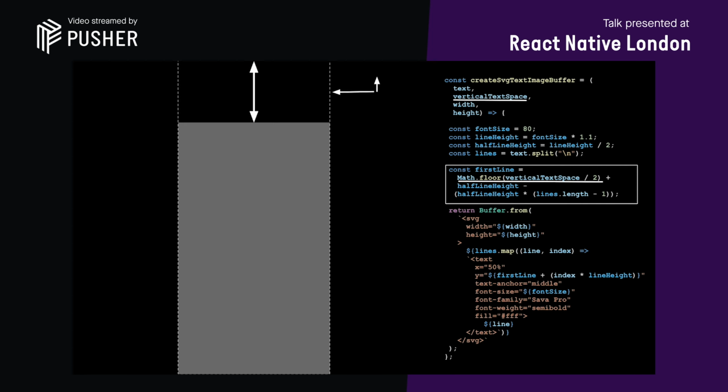So we want to work out where the first line is actually going to start by shifting up from that midpoint. And you'll notice that we're actually separating the concept of line height and the line itself. The line height is 10% bigger than the font size. So we're shifting that up by whatever amount we need to as appropriate.